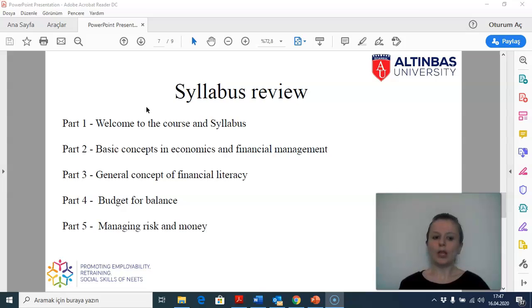Later on, in part 4, I will talk about budget. Simply, I am going to introduce the budget concepts for balancing our financial position. What we mean by balance will be discussed as well, because it is going to be the basis for managing future financials.